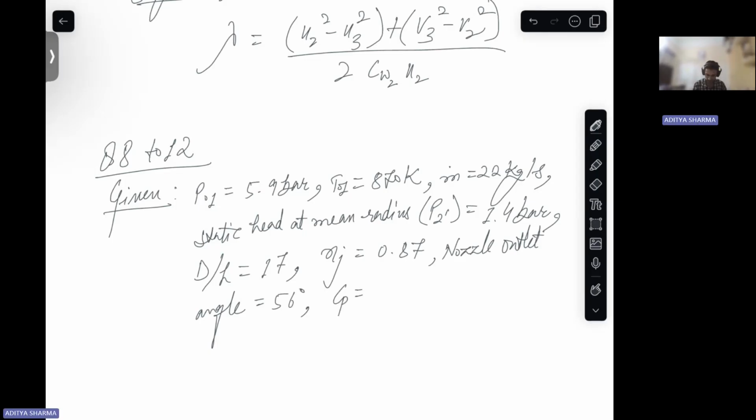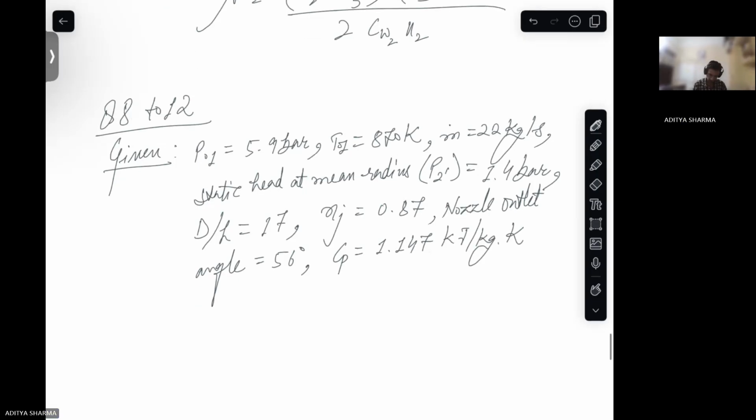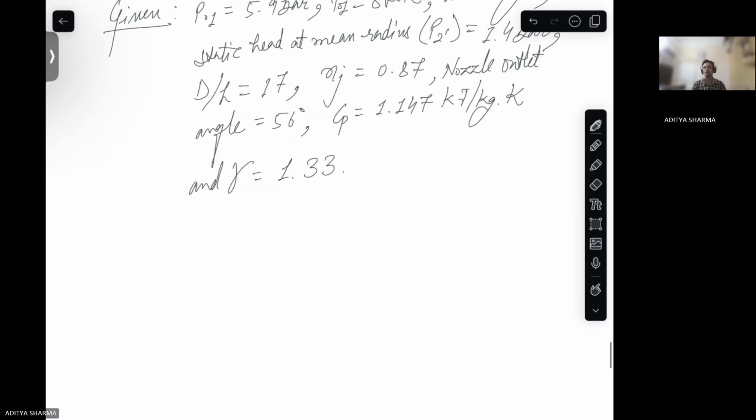Then Cp is given as 1.147 kilojoule per kg Kelvin. And gamma is given as 1.33. So all of this has been given.